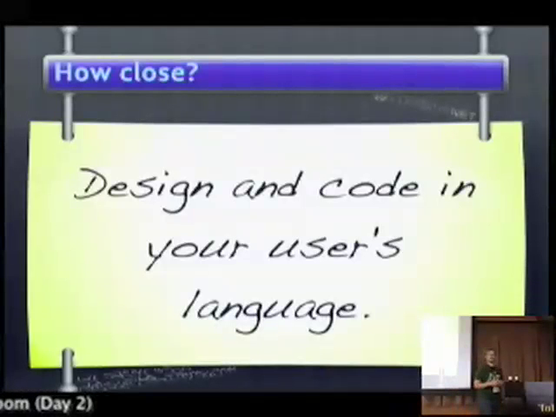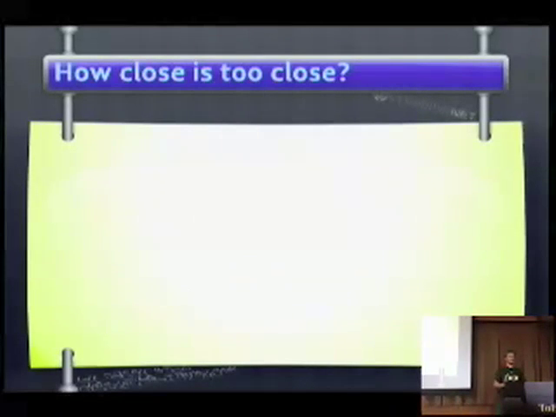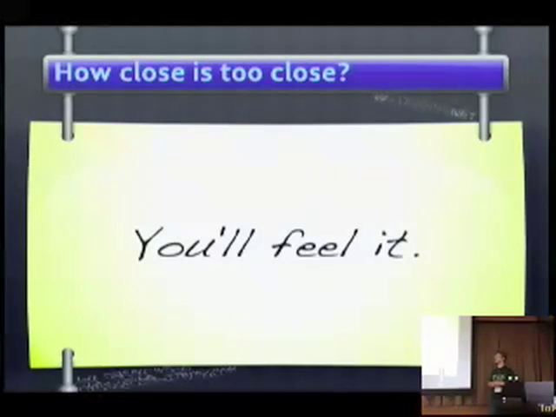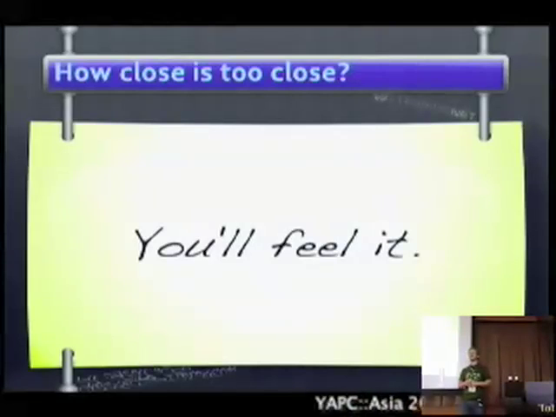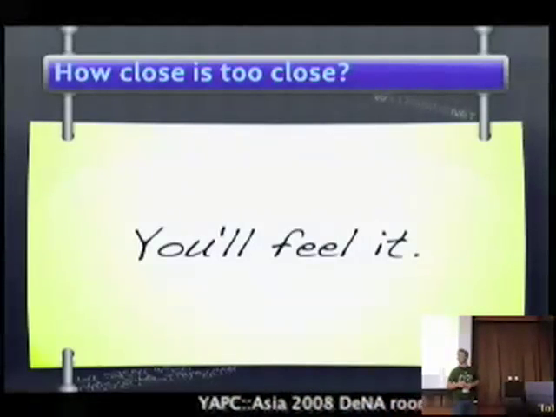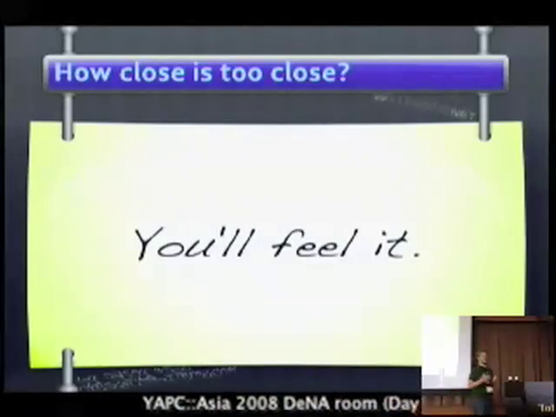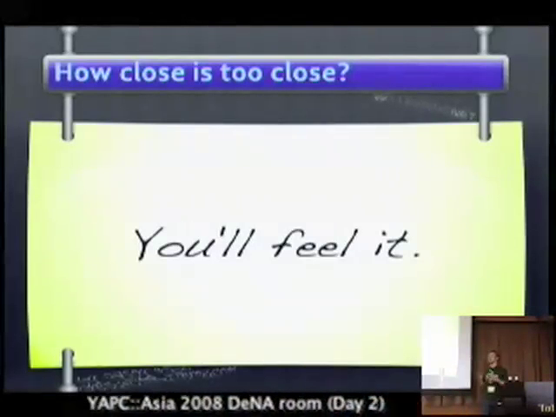So I tried to make a hybrid that worked with both. So, how close is too close? Well, I guess you just have to feel it. In particular, whenever you're manipulating Perl, there's a lot of things that you can do and a lot of things that you probably should not do, but it still lets you do anyway. So you have to kind of strike a balance that you feel comfortable with.